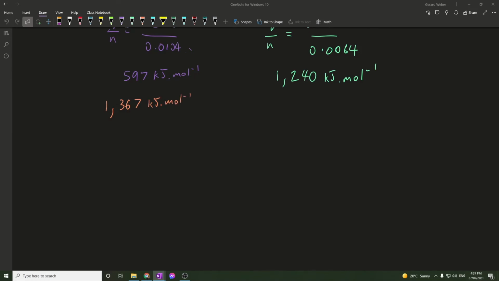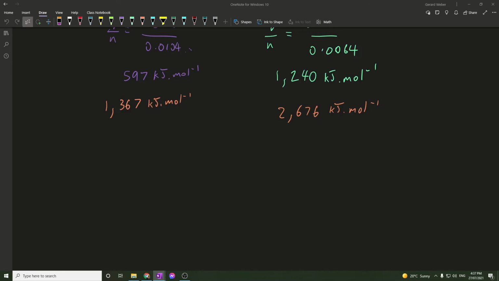And for butanol, the published value was 2,676 kilojoules per mole. So what we can see is that we really weren't very effective in our experiment. The big thing is that we've lost a lot of the heat that was generated by our flame.